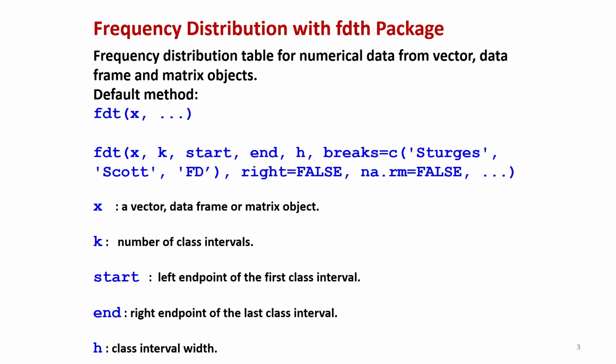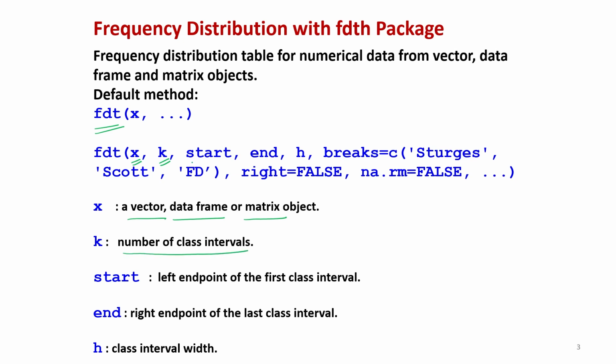One thing is very straightforward: you can use the command fdt. If you want to control different parameters, then there is a parameter x, which gives the data vector, data frame or matrix object, and the parameter k, which gives the number of class intervals.